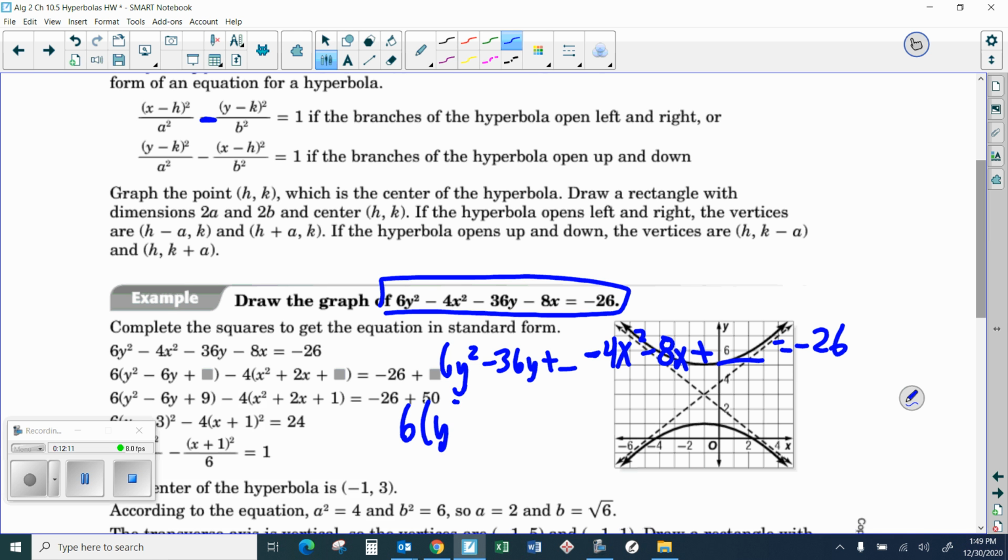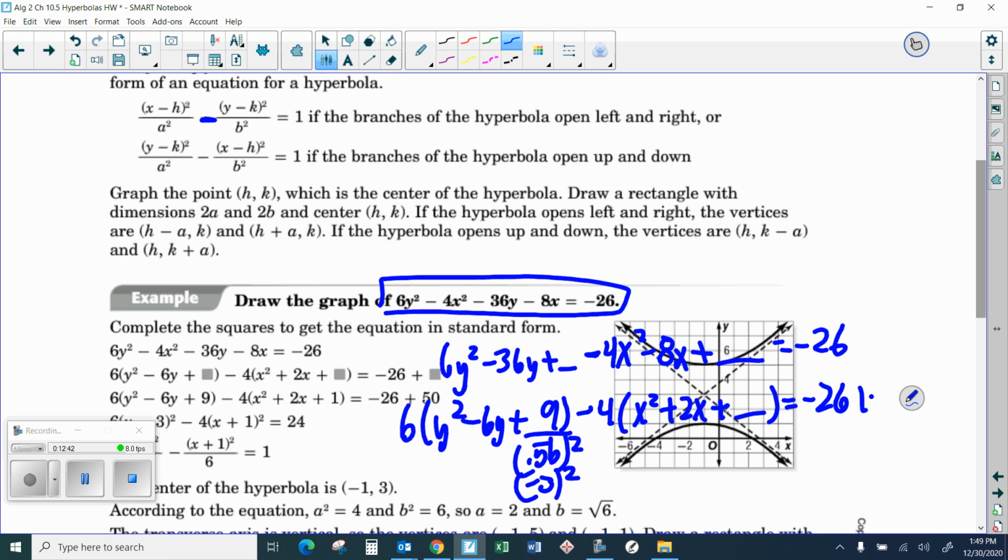I'm left with y squared minus 6y plus blank, where it's (b/2) squared. So it's negative 3 squared is 9. I'm going to factor out the negative 4, so I'm just going to make this plus, x squared first. X squared plus 2x plus blank equals negative 26 plus blank.